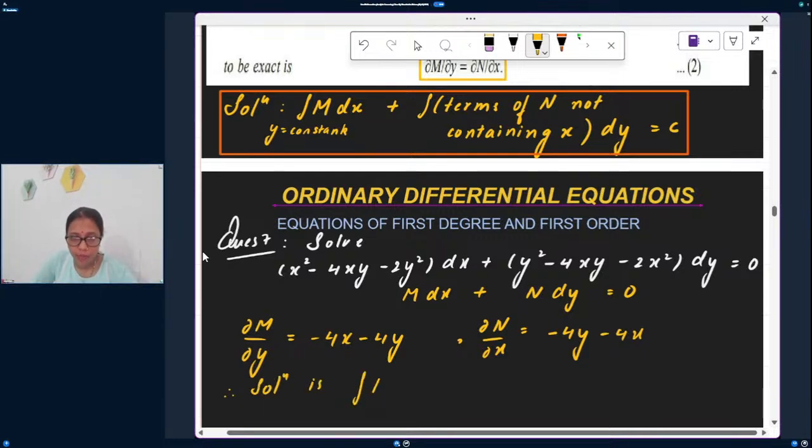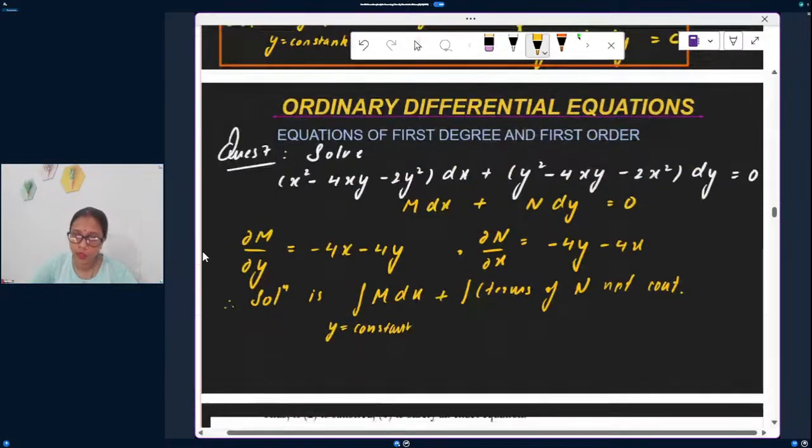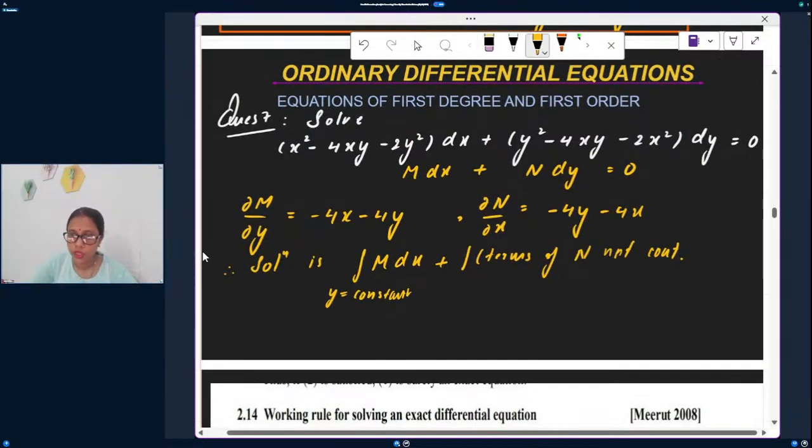integration of M dx, y is constant, plus the integration of terms of N not containing x, dy, is equals to constant.